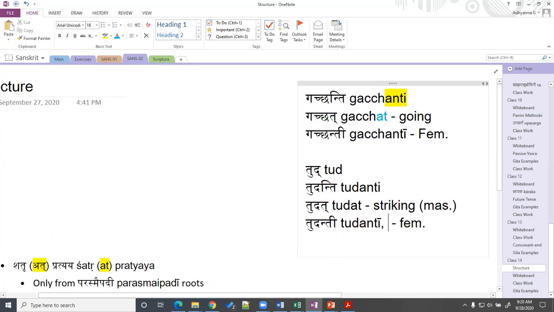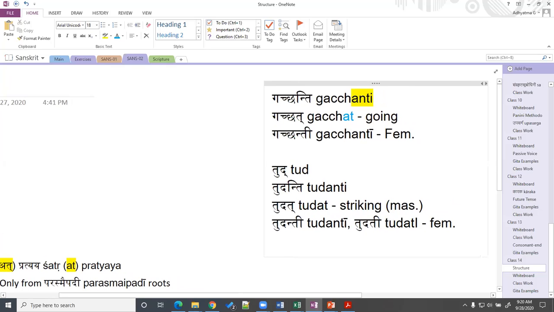In feminine, we have an optional form, tudati. That is also permissible. So you can make it in two ways, this optional form for the 6th conjugation root. So this is a sixth class root. For the sixth class roots, we have these optional two forms in feminine. Tudanti is okay, as well as tudati.